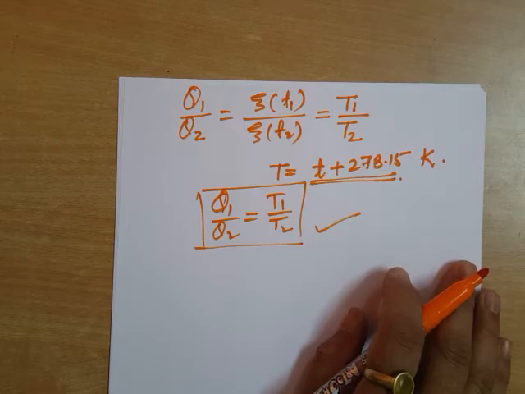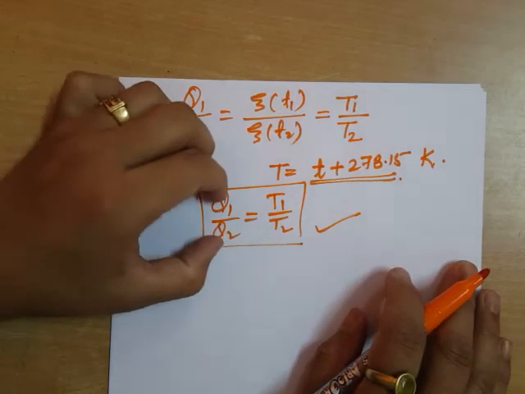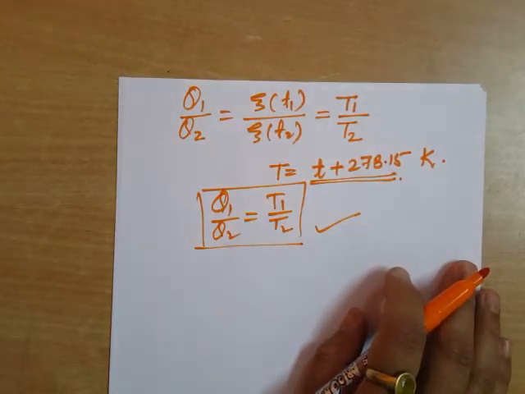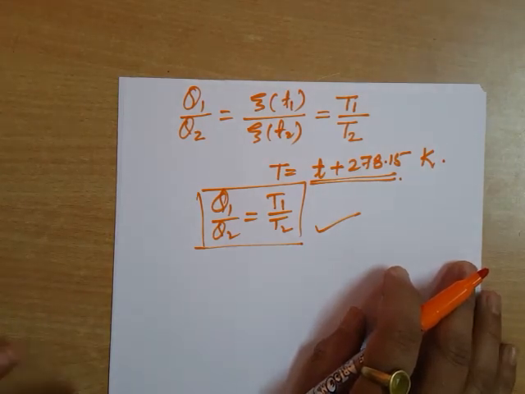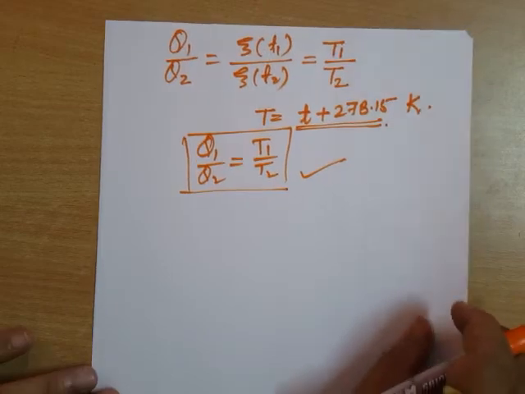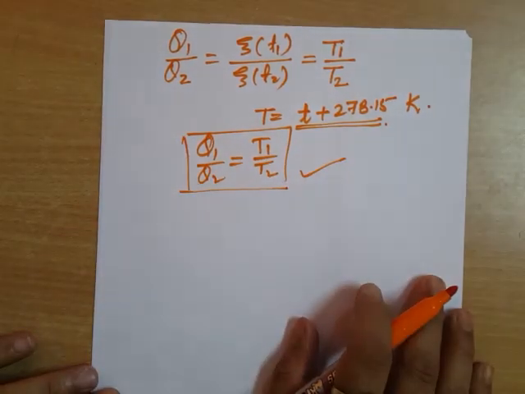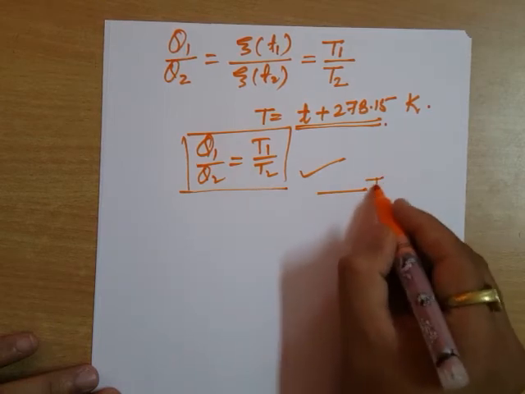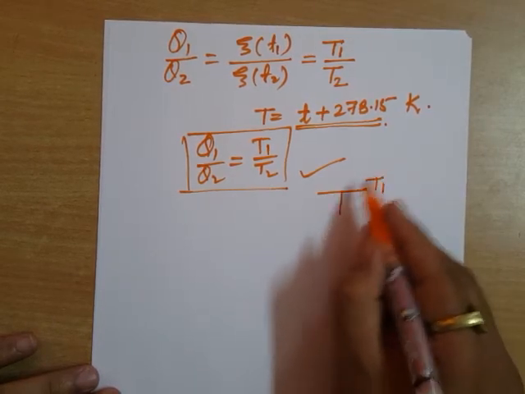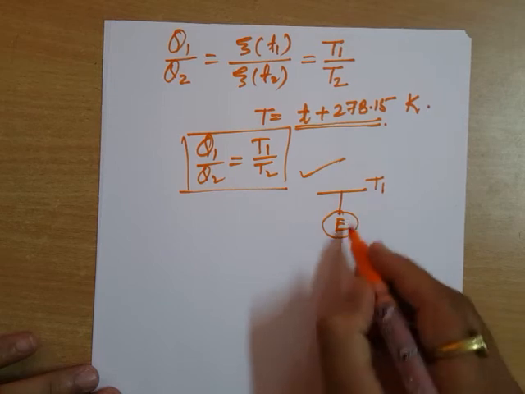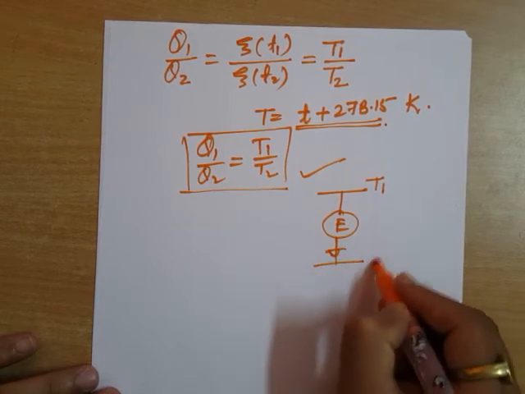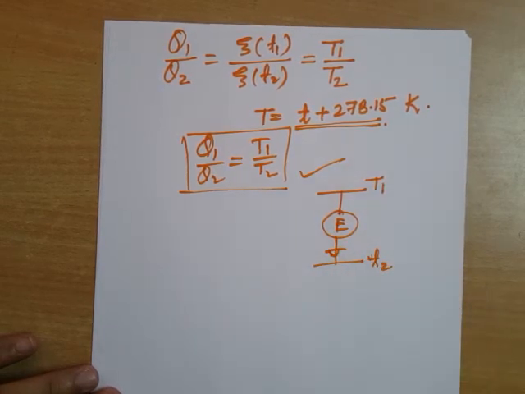If an engine is reversible, then the heat transfer ratios will be equal to the temperature ratios of the reservoirs from which the heats are getting transferred. So how does it become a measure of temperature? Let us say that we have a system at temperature T1 whose temperature is to be measured, and we are inserting an engine here, and this engine is rejecting heat to a temperature T2.